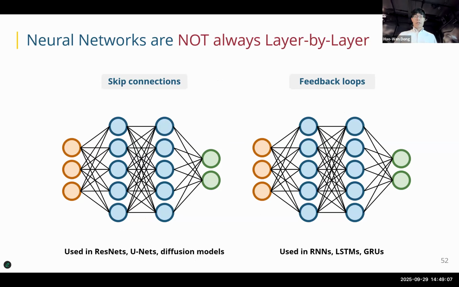Cool. So I guess these are the last few slides. To get things even more complex, in the previous slides, we talked about all these layer by layer neural networks. And as I said, human brains don't work like that. So we don't necessarily want neural networks to always be layer by layer.